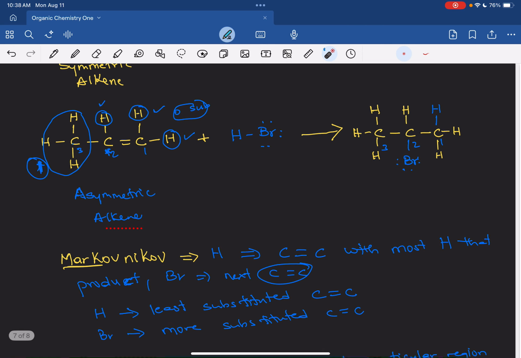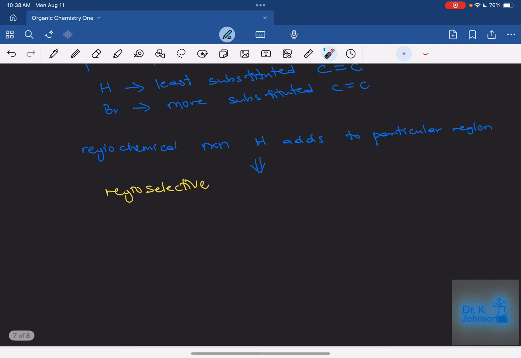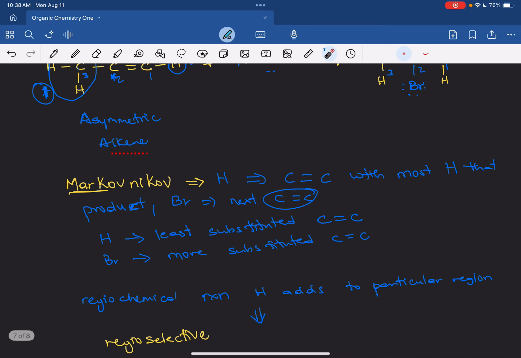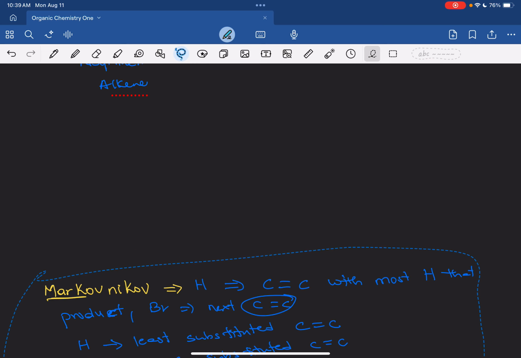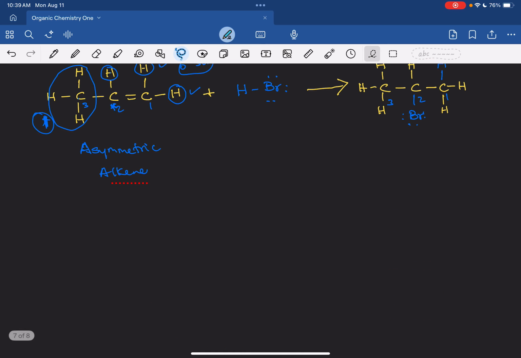So here, I'm going to bring the words down. So let's look at regioselective and explain it from being able to form more than one product. All right, cool. So let's do this.